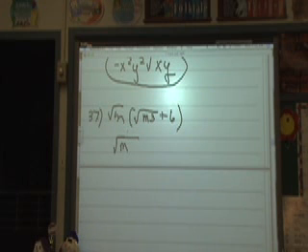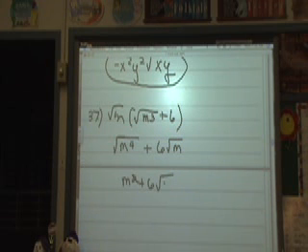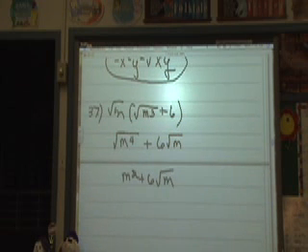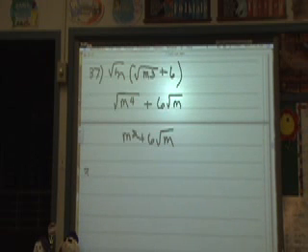You can put them together. m to the fourth, plus 6m. You can't go past the radical sign unless it has a radical sign. So the square root of m to the fourth is m squared, so we have m squared plus 6m. Right.